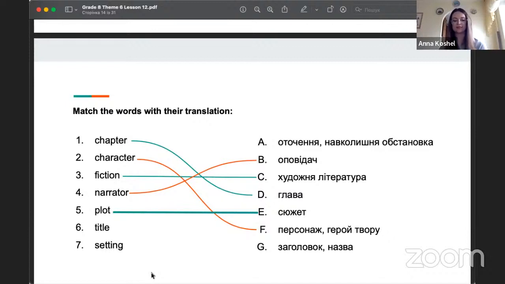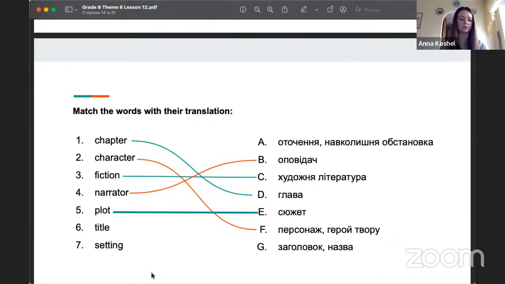Number 6, title. What is a title? Usually, yeah, that's a name of the chapter. Yeah, or the title of the book, the title of an article, if we read something in the newspaper, for example.